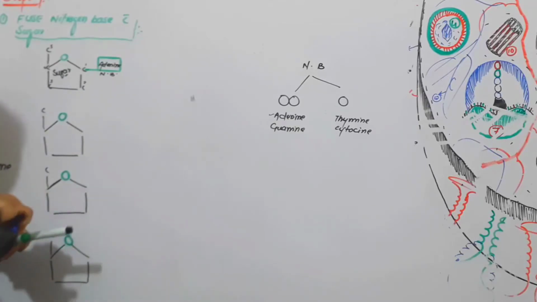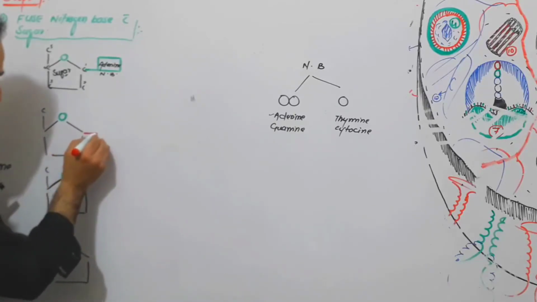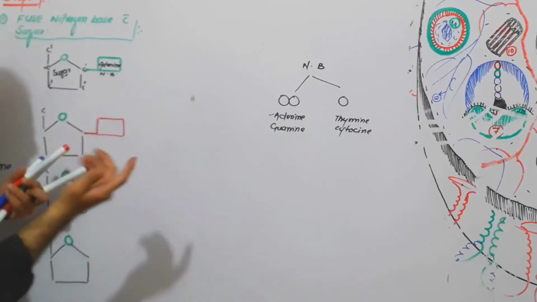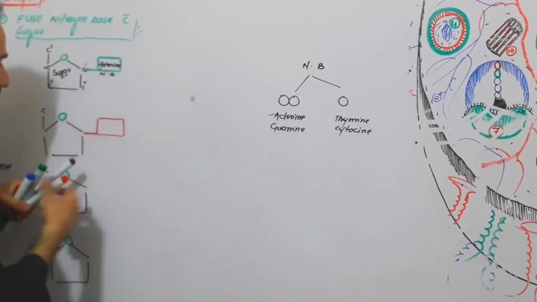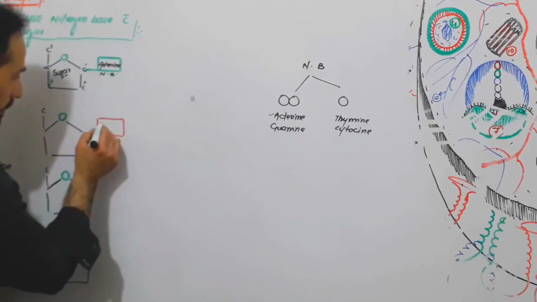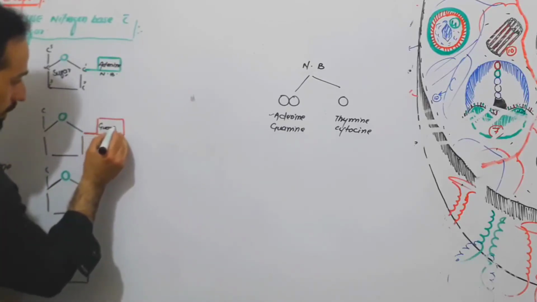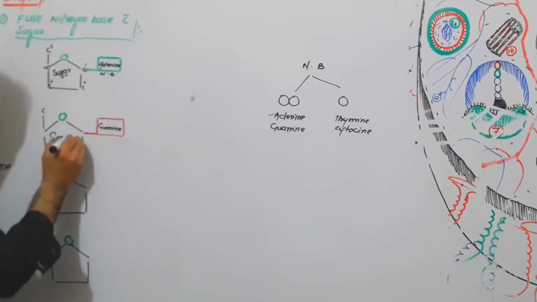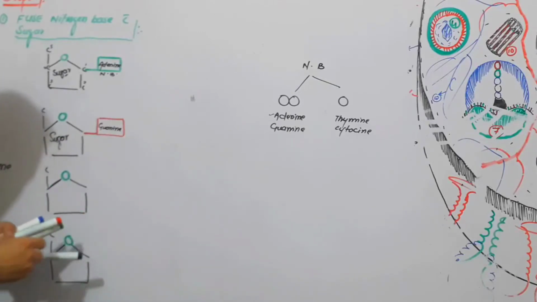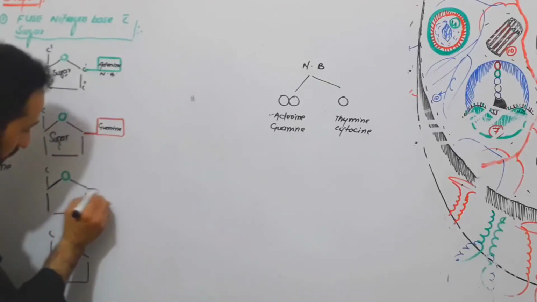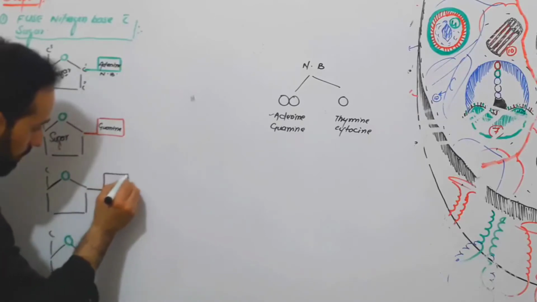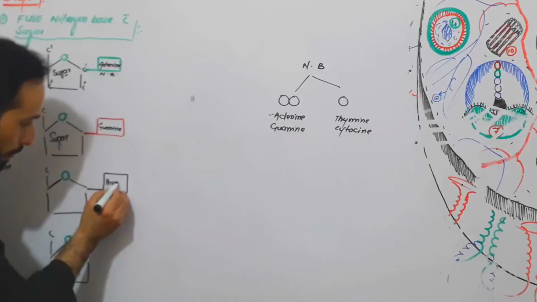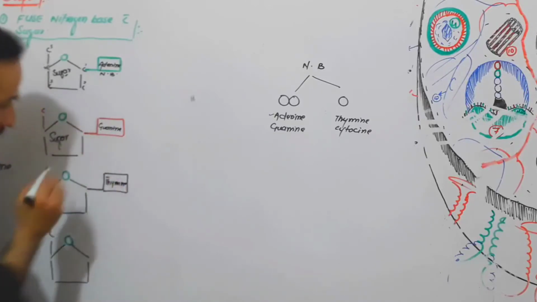And then if we put here another nitrogen base, if this is our adenine, this is our guanine, right? Guanine combined with sugar, deoxyribose sugar or pentose sugar. And then here we combine the next nitrogen base, that is thymine, right?